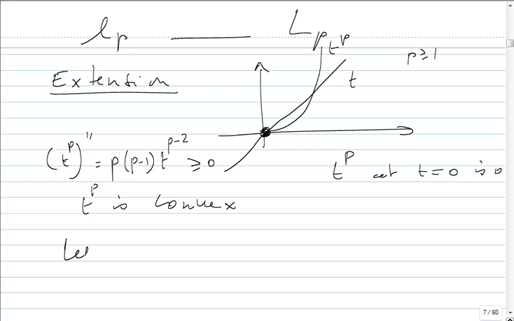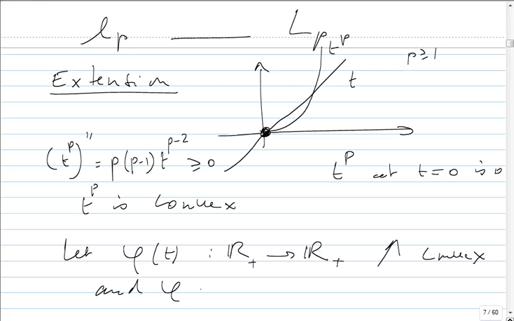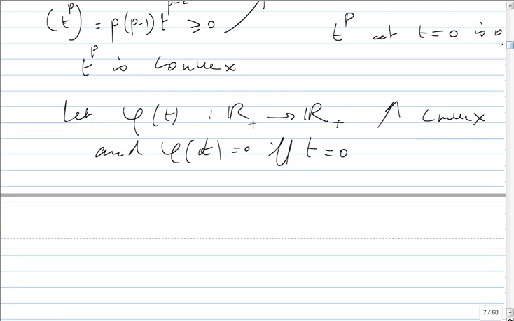They said, okay, let phi of t be a function from R plus into R plus that satisfies the same: convex, like t to the power p, and phi of t equals 0 if and only if t equals 0. So there is only one point where this function is equal to 0, which is at 0.